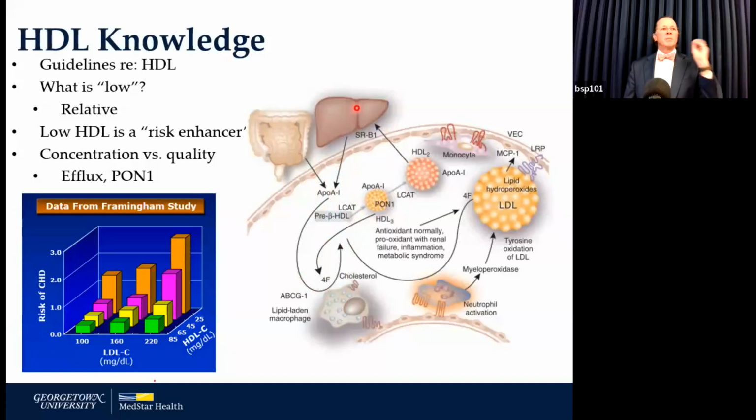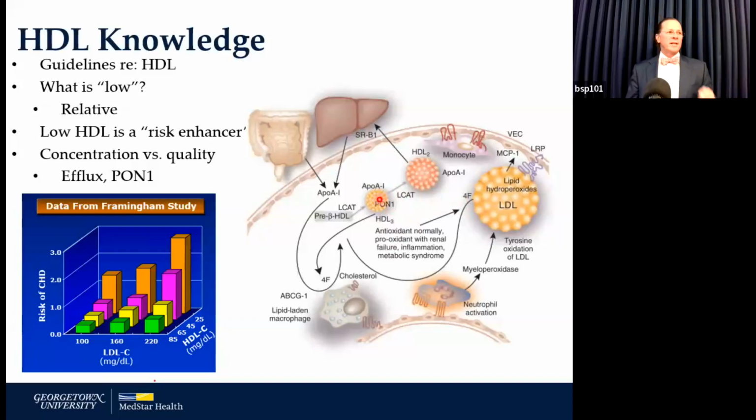HDL is also one of the most powerful antioxidant particles in your bloodstream through a thing called paraoxonase. And paraoxonase circulates on HDL and it protects your lipids from being oxidized. But as soon as HDL is dysfunctional and paraoxonase activity deteriorates, HDL turns inflammatory. LDL is oxidized, and HDL is directly inflammatory to your vessel wall.